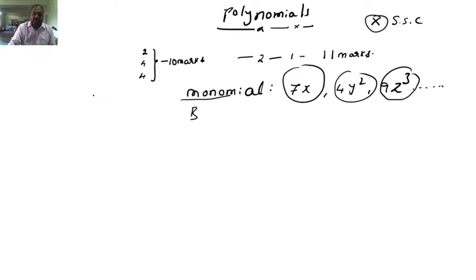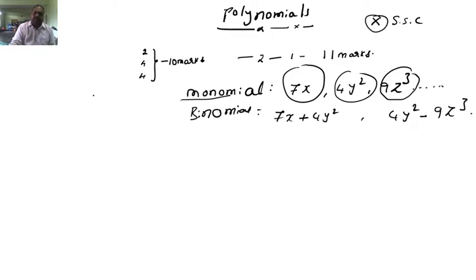Next, binomial. So 2 terms. In between the 2 terms there will be a plus or minus. So these are called binomials. 7x plus 4y square, 4y square minus 9z cube.